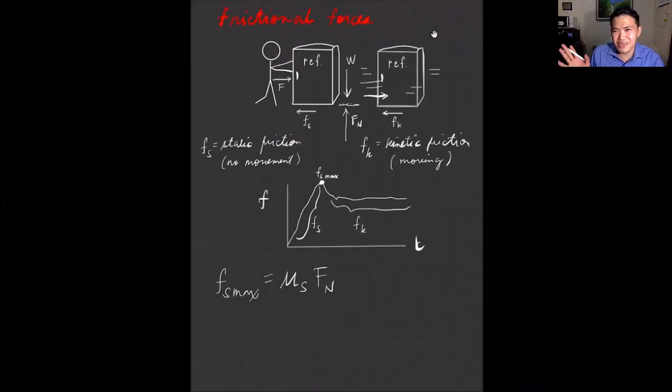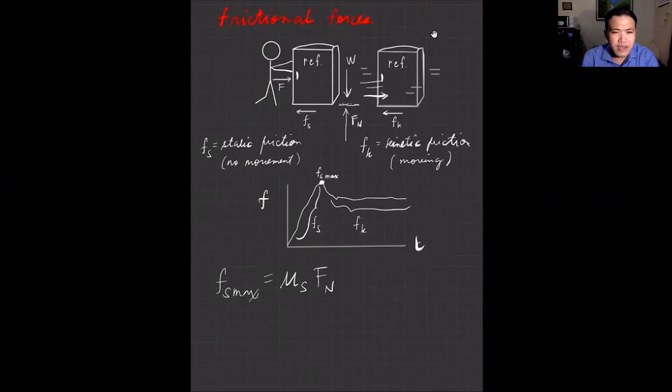So if you know the weight, you can easily determine the normal force. It's usually equal because it's perpendicular, so equal in magnitude but opposite in direction. So the formula for the maximum static friction is mu s Fn. What again is mu s? Mu s is the coefficient of static friction.